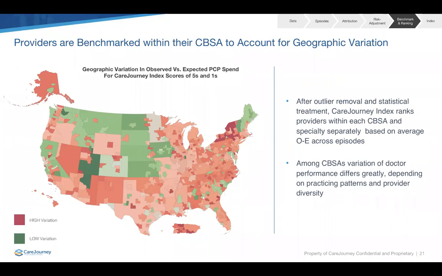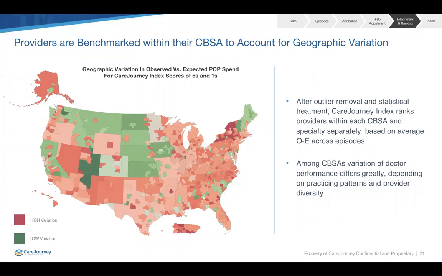What's important to note here is that in this particular example, you're seeing a graphic that shares with you the following. What was the difference in performance on total cost of care spend by primary care doctors in any given geographic region? In this case, we've used the Census Bureau's statistical region, CBSAs.